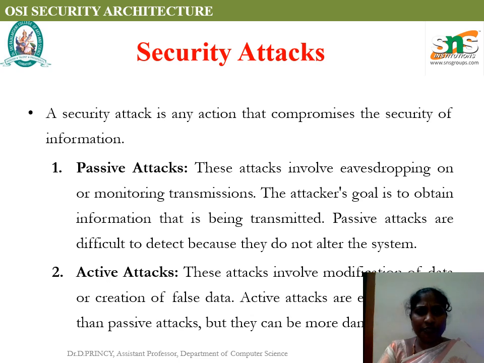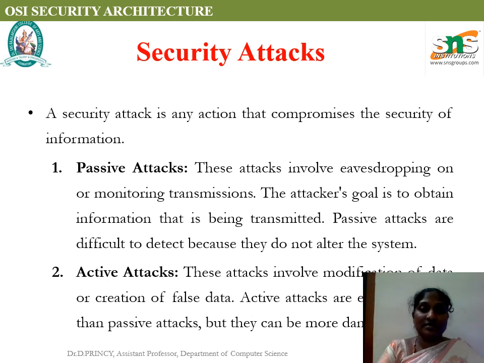Security attacks. It is an action which is used to compromise the information security of an organization. It has two types of attacks. One is passive attacks, another one is active attacks. Passive attacks involve eavesdropping or monitoring transmissions.